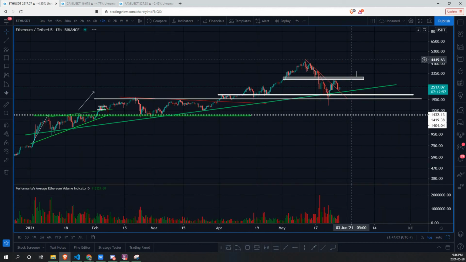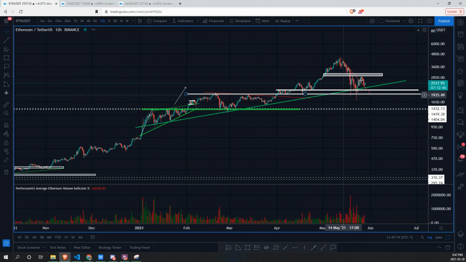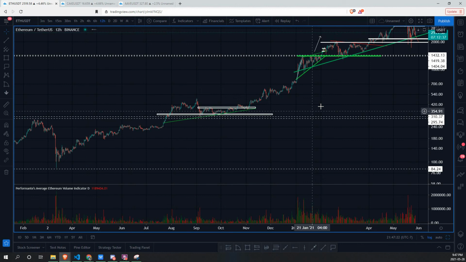But right now we are holding at a very nice state at around $2,300, let's say $2K to $2,300 for the level of support. I think there's some patience that needs to be taking place before we get our next long push, like we saw back in kind of November, December of 2020.